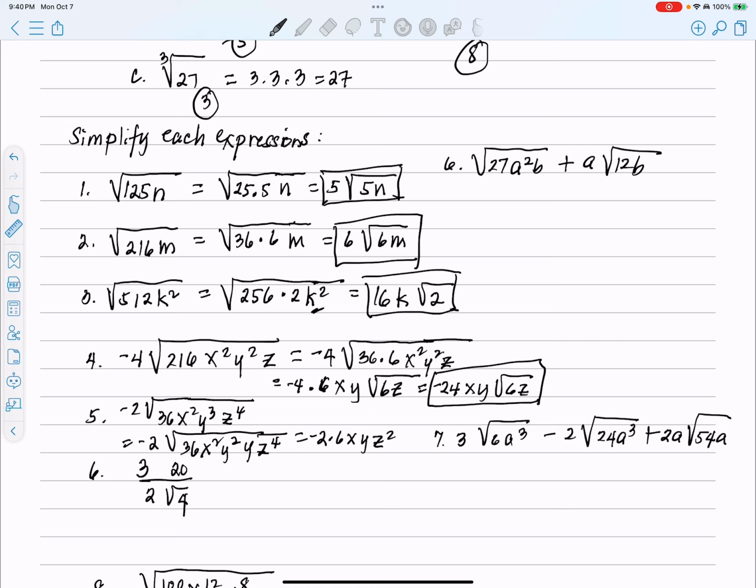What is left inside the radical sign is y. So the answer would be negative 2 times 6, that is 12. What is the higher degree here? z to the second power, xy, square root of y. This will be the answer.